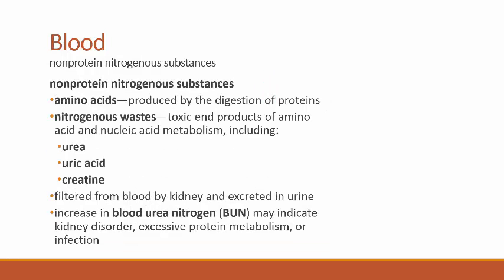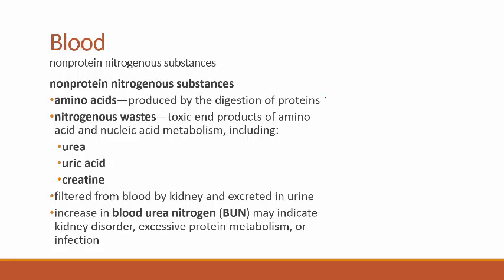We also carry non-protein nitrogenous substances. Amino acids and proteins all have nitrogen in them, so they're nitrogenous substances as well. But when we metabolize amino acids, we produce waste materials that have nitrogen in them as well.